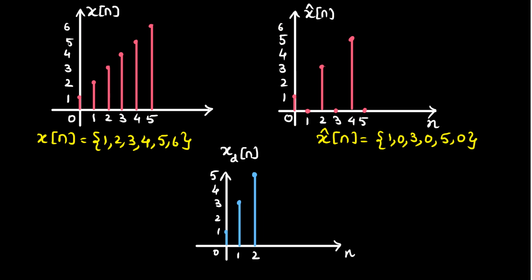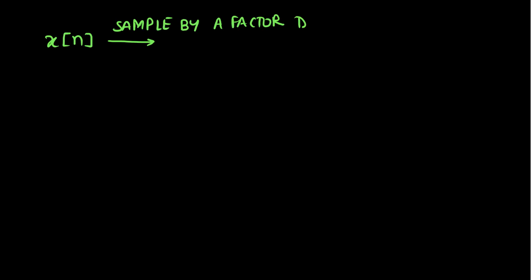So the main observation till now is that if we are given a signal x of n, and we sample this signal by a factor of d, where d is the sampling factor, we get x hat of n.